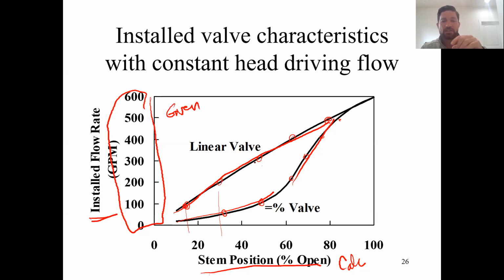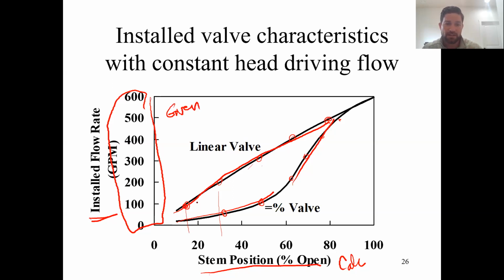So a linear change in stem position is going to correlate to a linear change in flow only for a system that has a constant pressure drop. So with this valve right here, if we change the air pressure, it's going to lead to about a consistent change in flow rate. So here we would expect, as we change air pressure, we get the flow rate we want for the process. So that's what we want.